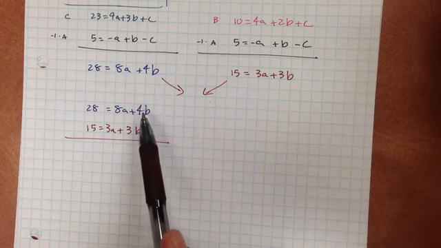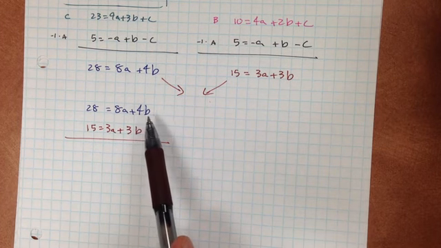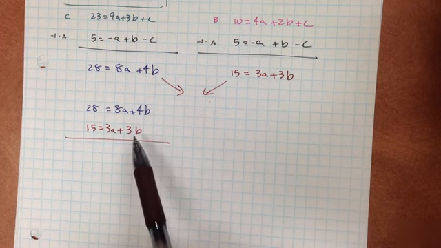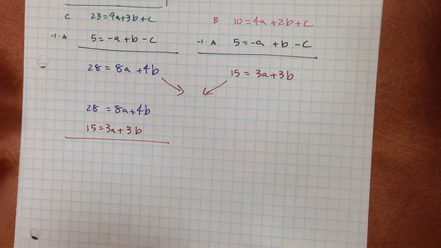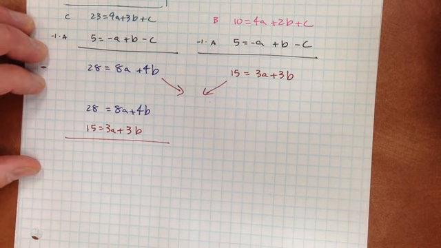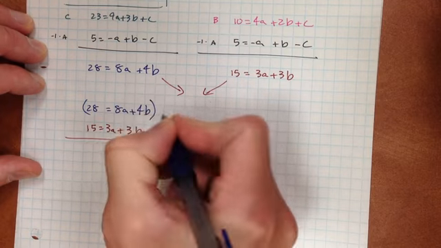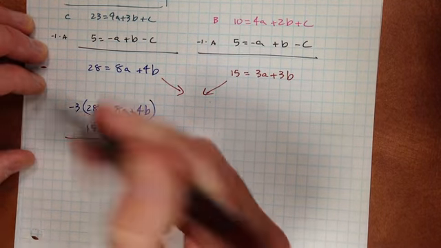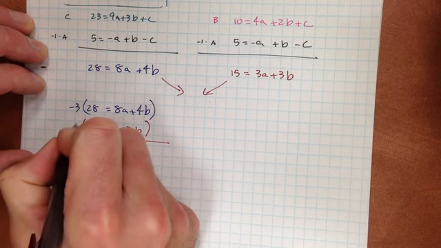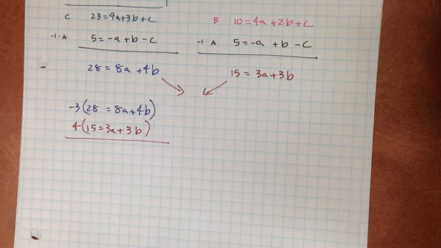I would go right ahead and eliminate my b variable. If I want to get rid of this b value, I can multiply my top equation by -3 and my bottom equation by a positive 4.